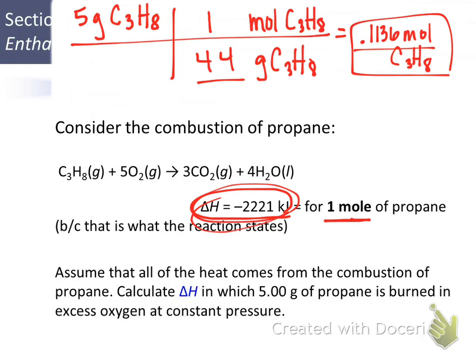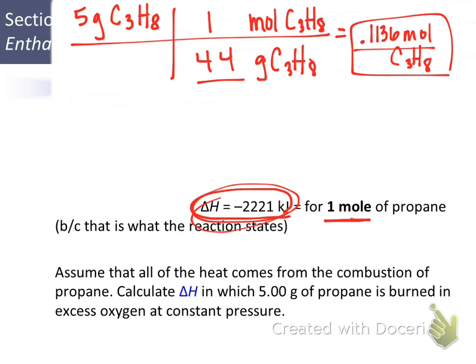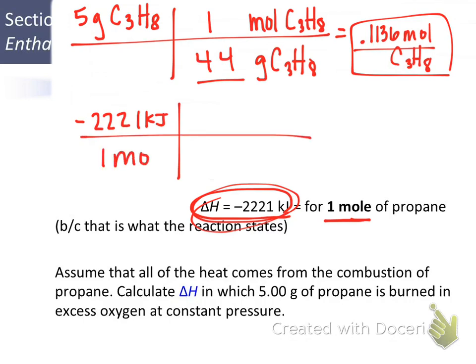Okay, so I'll show you how this works out. I'm trying to find room here. Can I erase the reaction? Are we okay with it? If I know that negative 2,221 kilojoules is released per 1 mole, this value would be whatever the coefficient is in the problem, but in this chemical reaction it was a 1 coefficient.